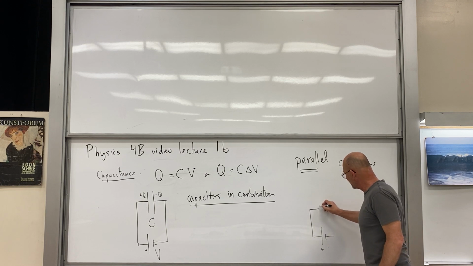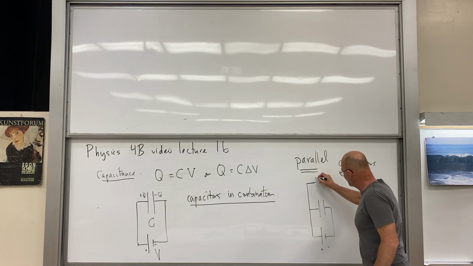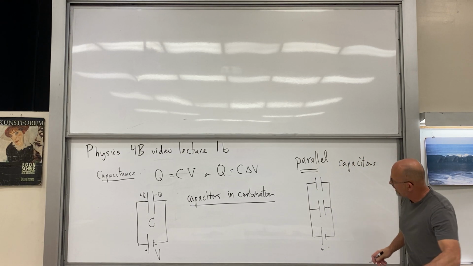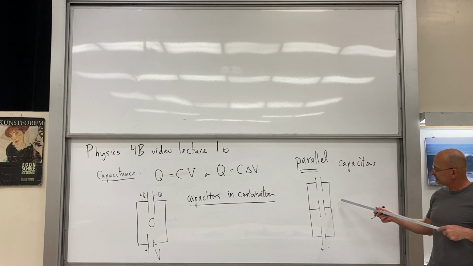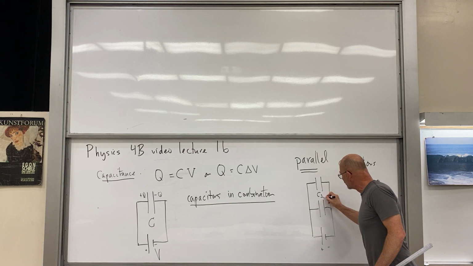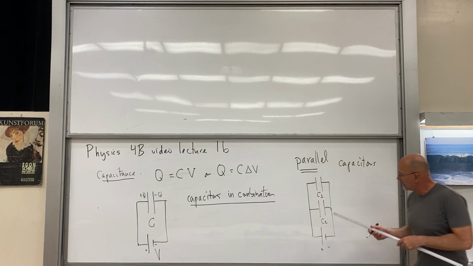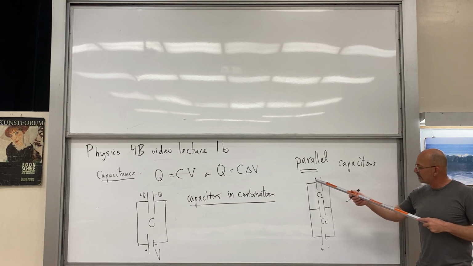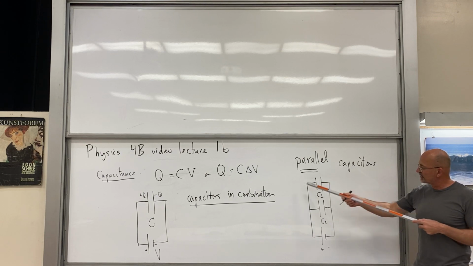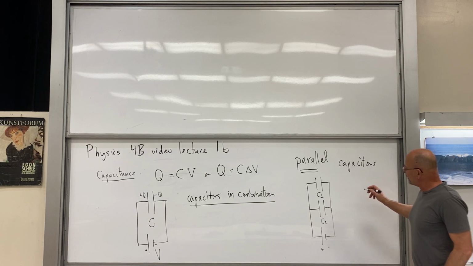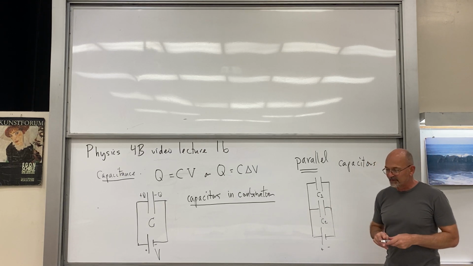And what we do is we have capacitors mounted like this, and what's peculiar to this setup, this is called wiring it in parallel, is that both capacitors here, this one is C1 and this is C sub 2, they both have the same voltage or potential difference across them. Okay. And what we want to do is find the equivalent capacitance.